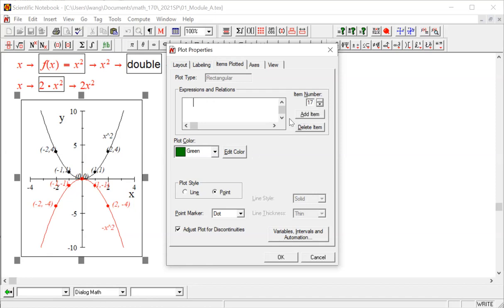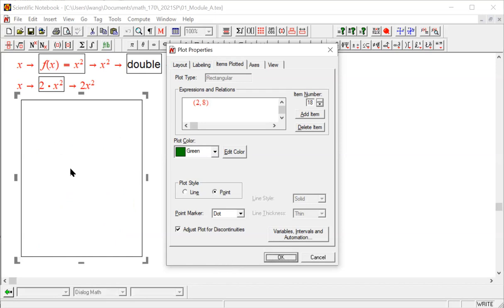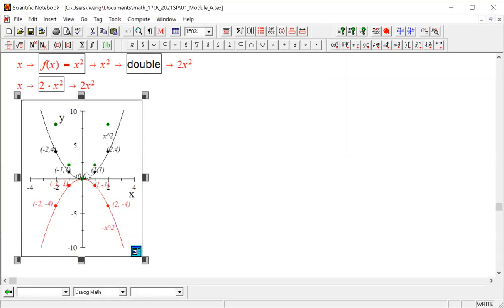More points. 1, 2. 2, 8. We're going to see all these green dots for 2x squared.